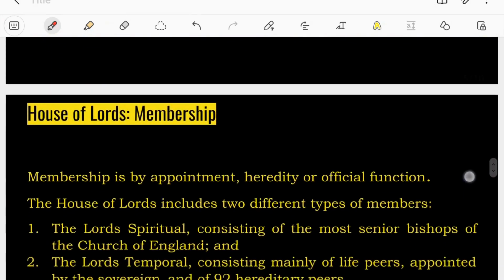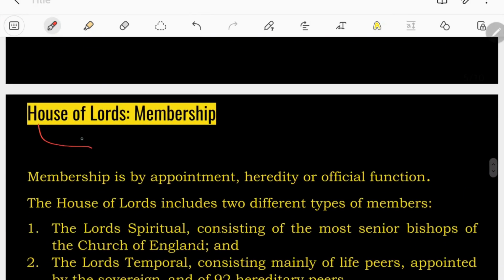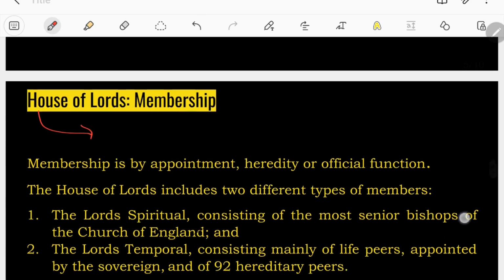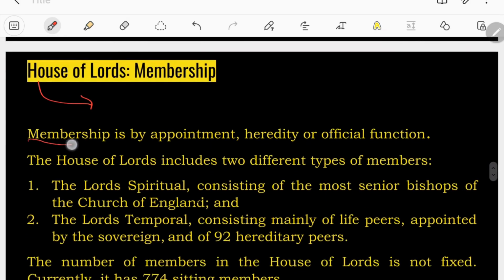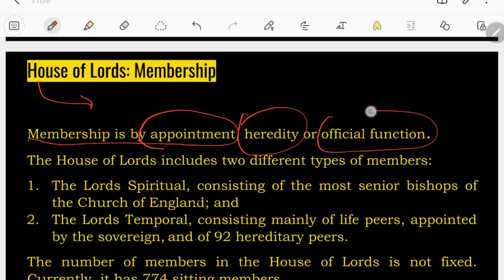Now come to the membership. If someone wants to be a member of the House of Lords, what are the methods to get the membership? So you can see here on the screen, the appointment to this House of Lords is going to be done by hereditary or through official function. So the person who wants to be a member of the House of Lords can come from generation to generation, and can also come through official function.